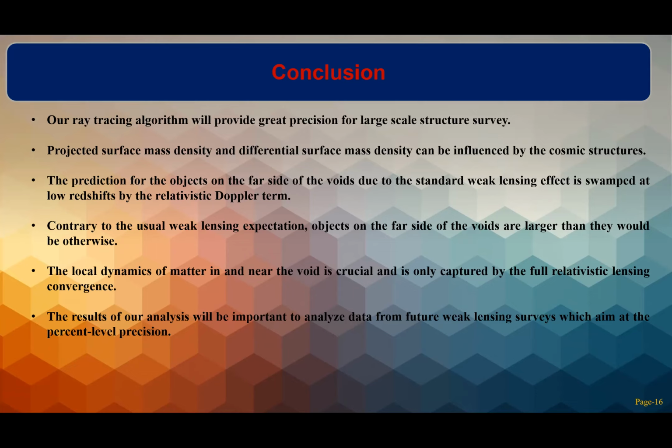Combining these two lensing effects could be important to get the right picture of the universe, and studying higher order statistics like angular power spectrum and bispectrum could be interesting, and we leave it for our future study.